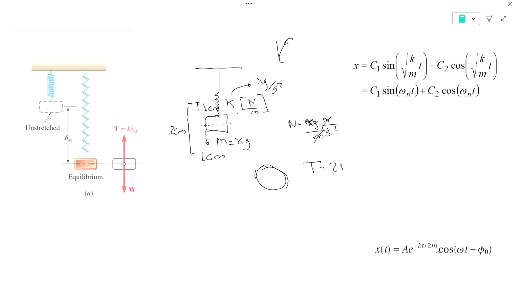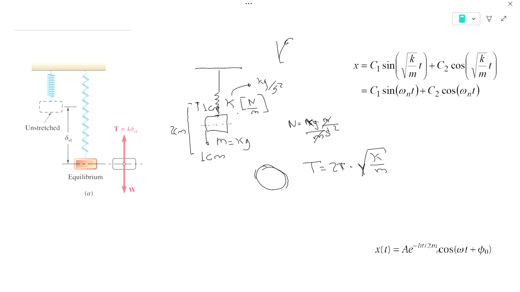It is 2 pi, well, right there I just told you they're basing it on a circle, times square root of k over m. k is the constant, m is the mass, not the meters, it is the mass.